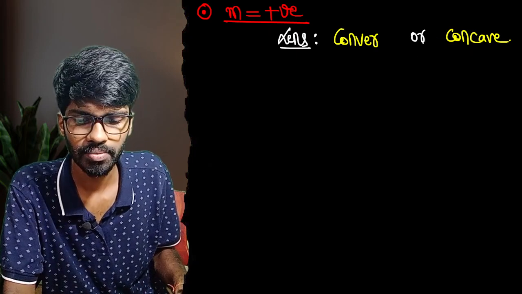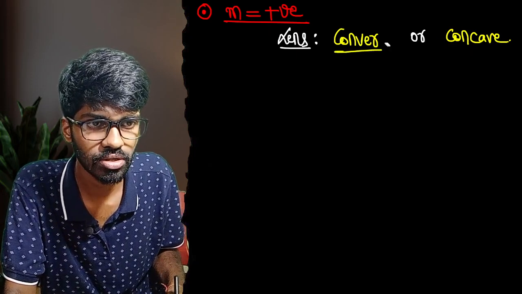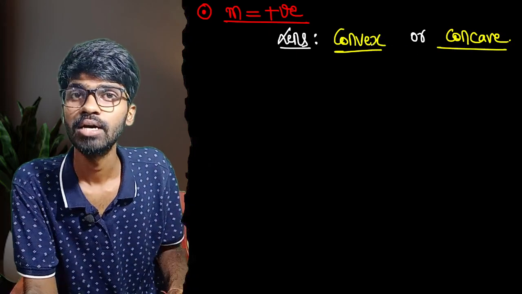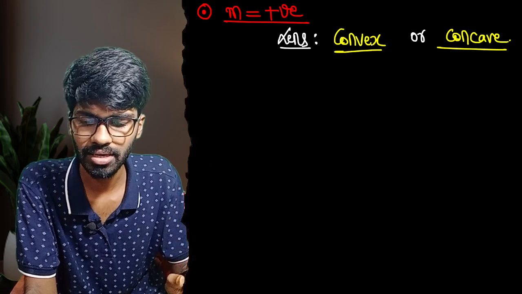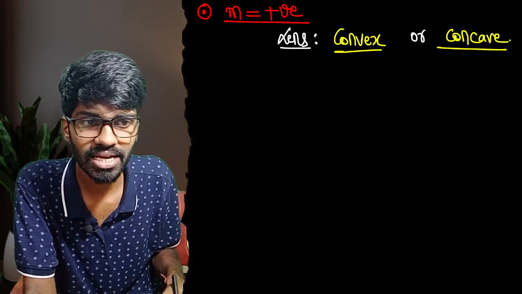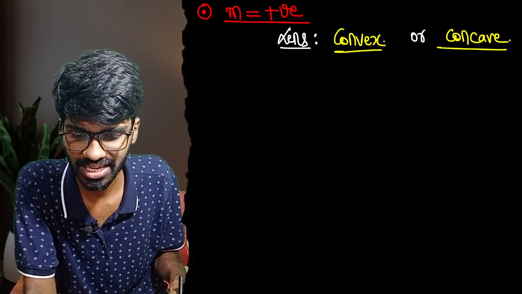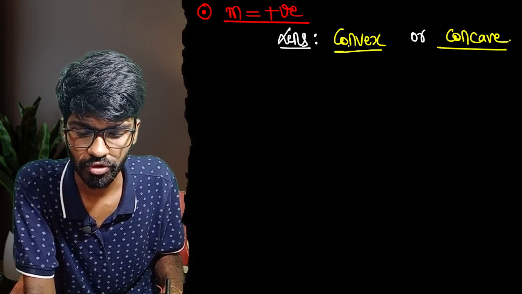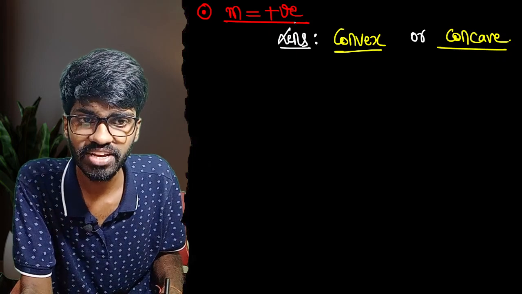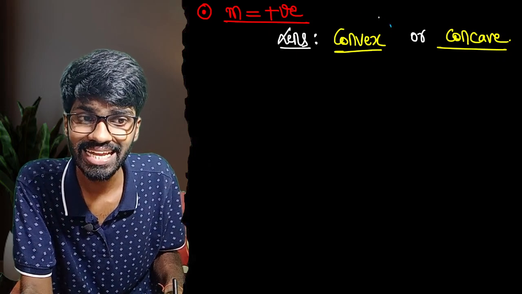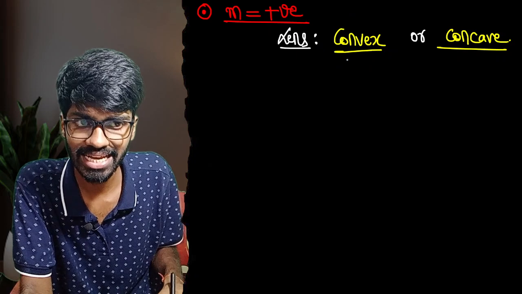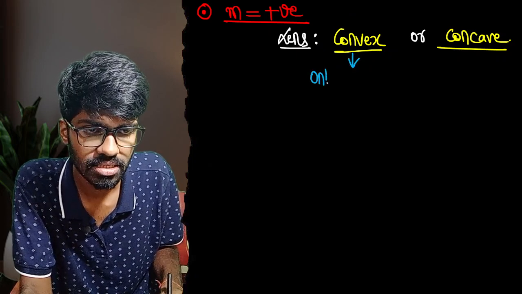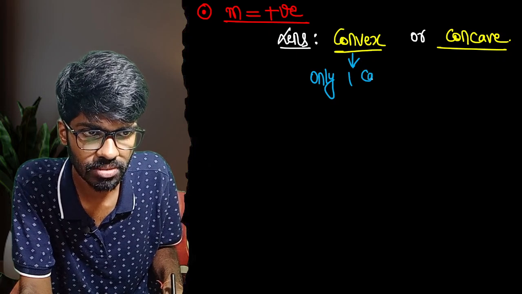Whenever the magnification is positive, the lens can either be convex or concave. Let's discuss how many cases are possible for each one. When magnification is positive and the lens is convex, only one case is possible.